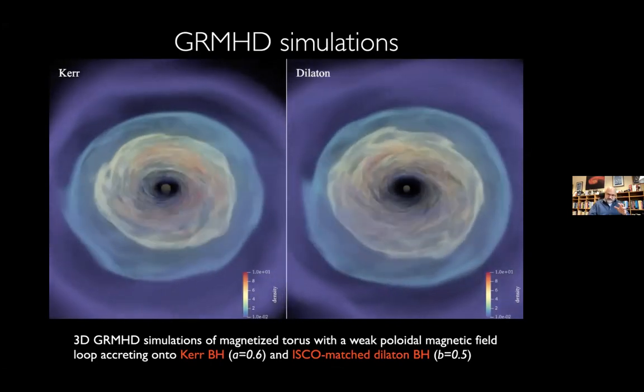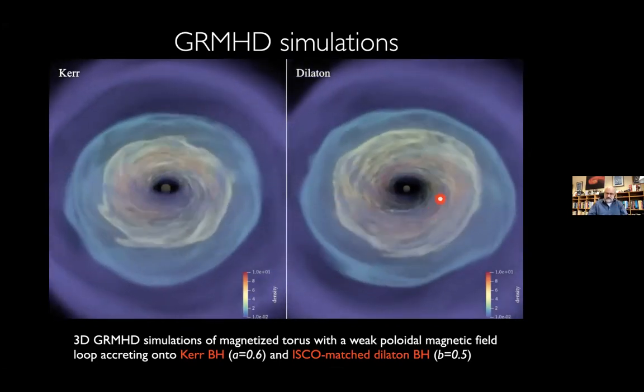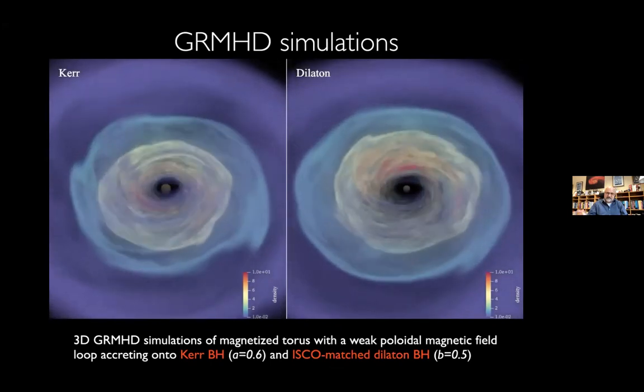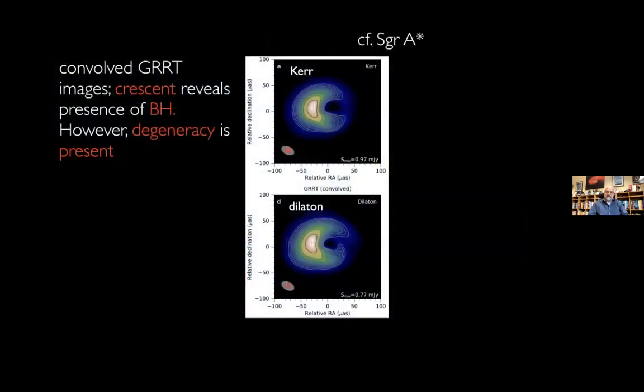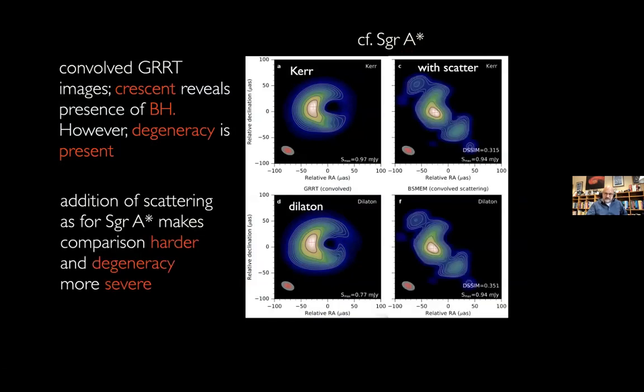So you take that simulation on the right, you pass it through all of the pipeline that you've developed to study Kerr black holes, and you produce an image. So this is a Kerr black hole. This is a dilaton black hole. They're different. But then if you ask yourself, well, if I scramble them, would you be able to tell which one is which? In particular, if you are now looking at something like Sagittarius A star, which also suffers from scattering, then that's what you would observe.